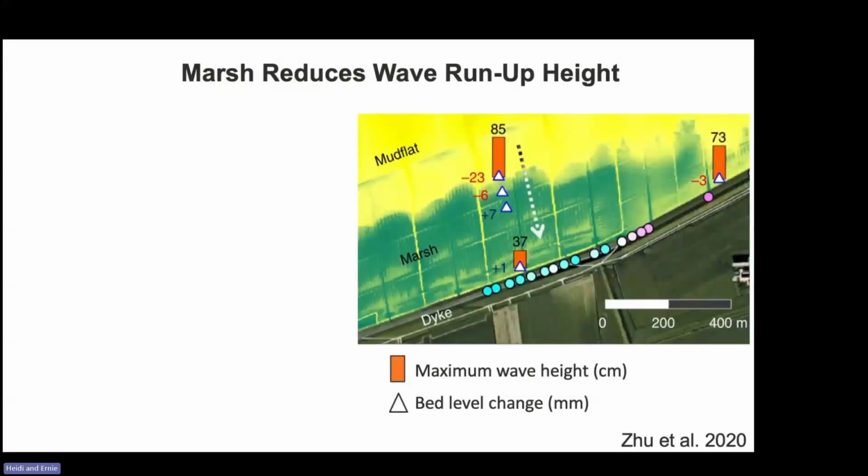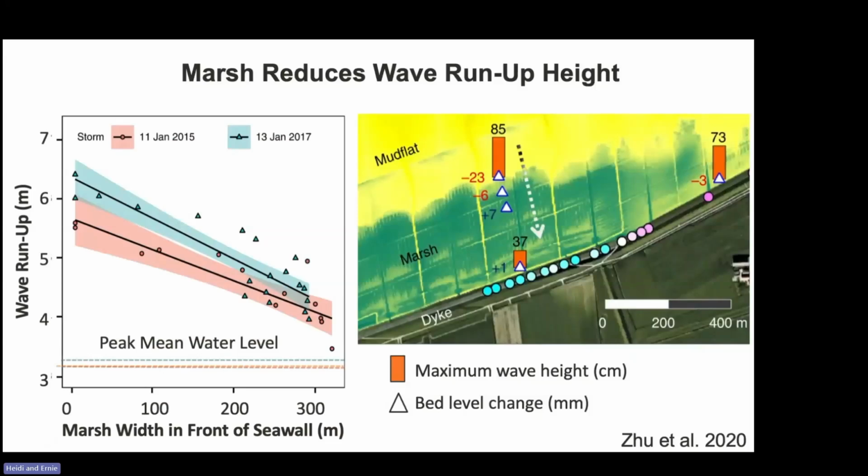The reduction in wave energy also promoted deposition in the marsh, which is an added benefit for coastal stability. You can see that the bed level change, which is measured at these white triangles, shows erosion at the edge, minus 23 millimeters, but inside the marsh, there was an accretion of sediment.